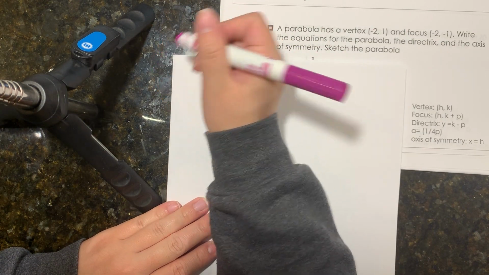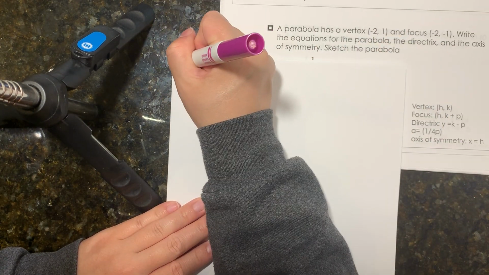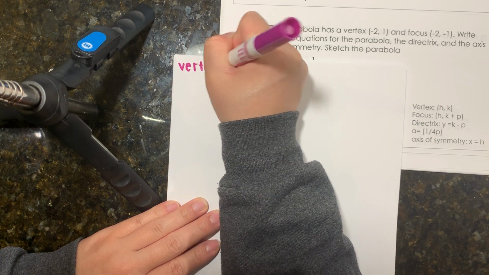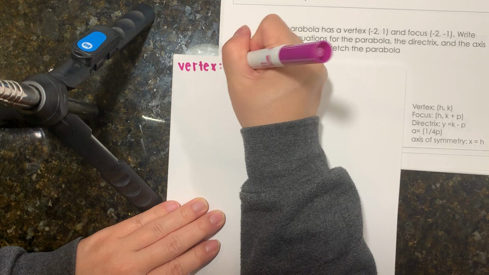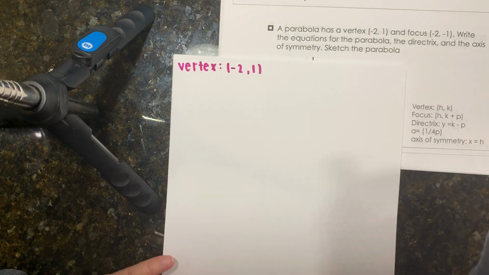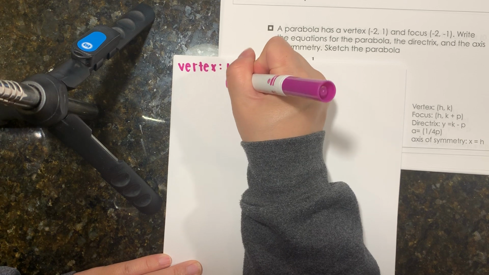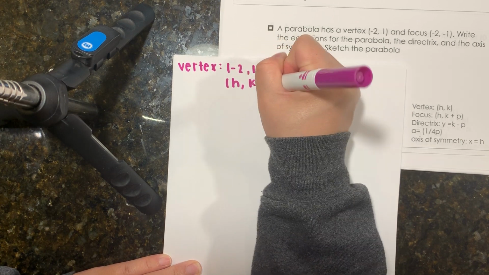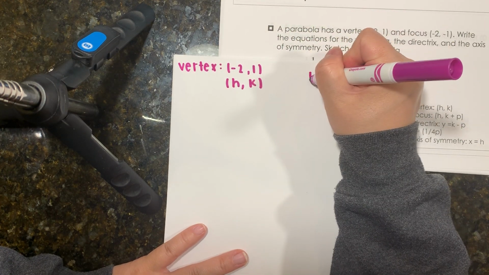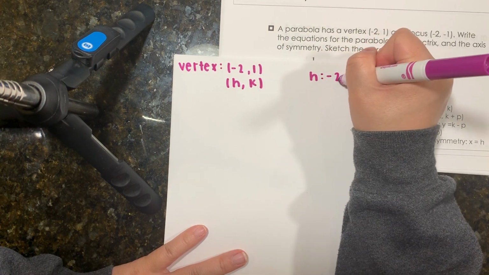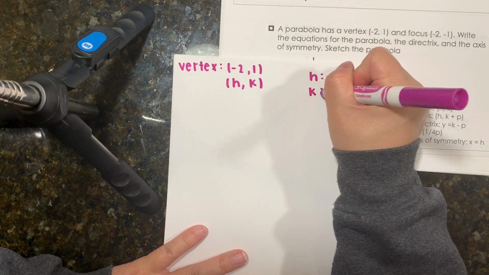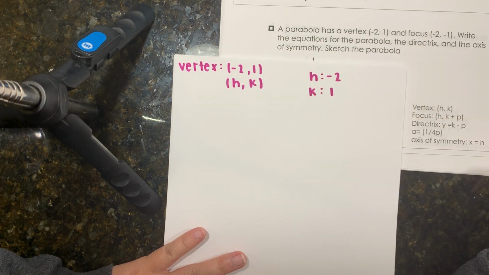So the vertex that they give us is (-2, 1). If I match that up, I know that my variable h is going to be equal to -2, and I know that my k is going to be equal to 1.